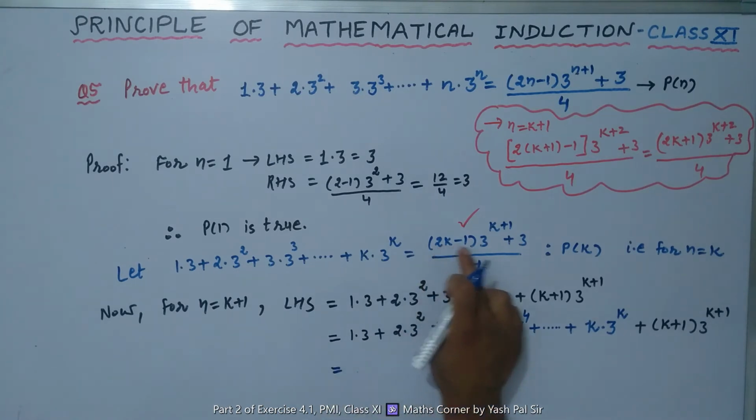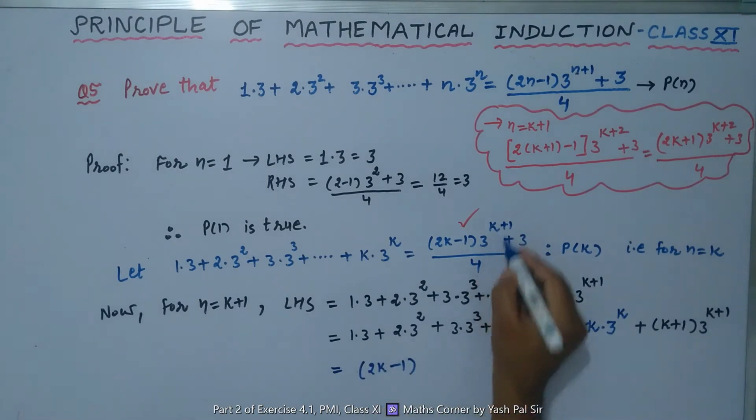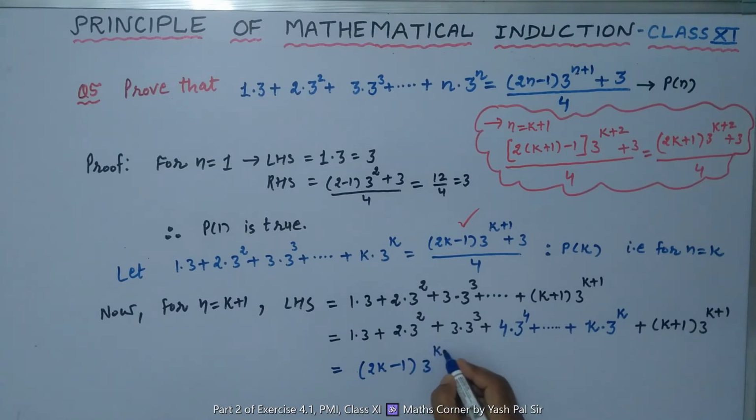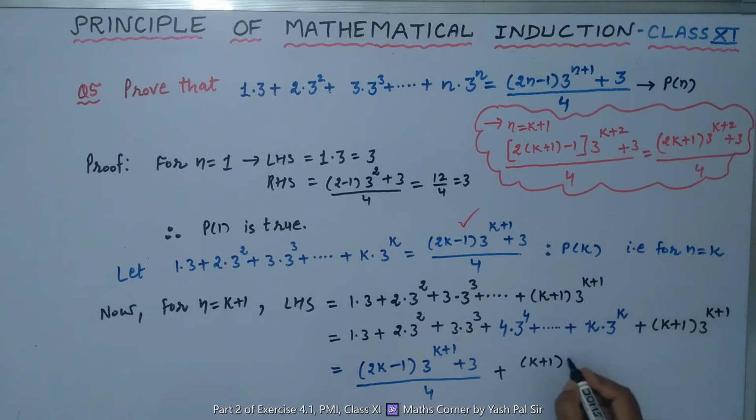This is equal to (2k minus 1) into 3 raised to power k plus 1, plus 3, whole divided by 4. Next term is left. Now what is this? This is (k plus 1) into 3 raised to power k plus 1.